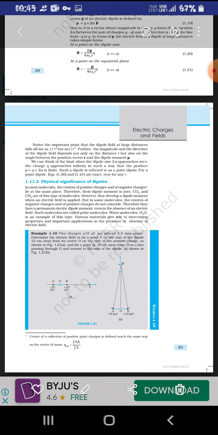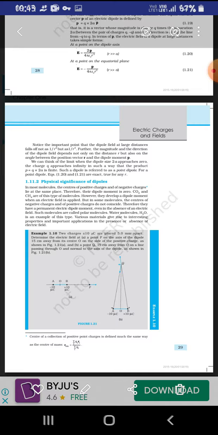Therefore, for such molecules the dipole moment is 0, but CO2 and CH4 develop a dipole moment when an electric field is applied.